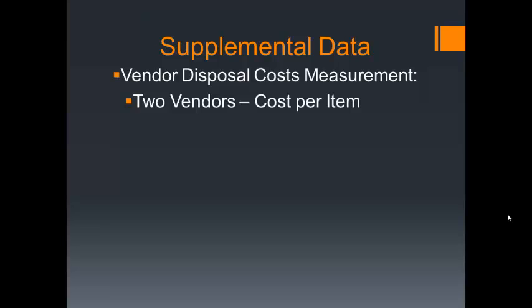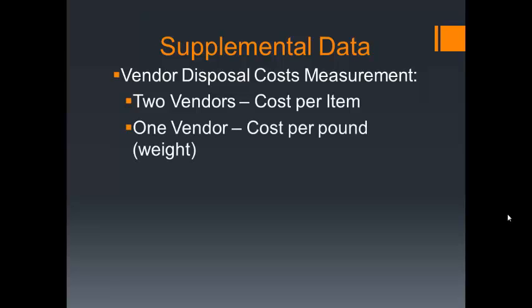Two of the vendors measure the cost per item type. For example, a monitor has a charge with some vendors of between $5 and $10 because of dangerous heavy metals in the item, while other items have no charge whatsoever, like a keyboard or a network cable. One vendor measured cost per pound, which was per weight depending on the type of item.